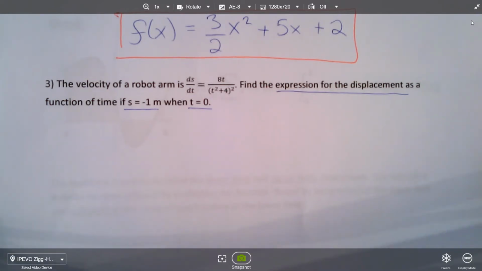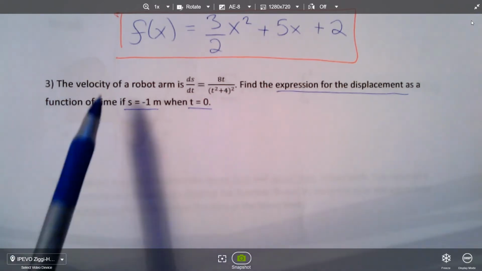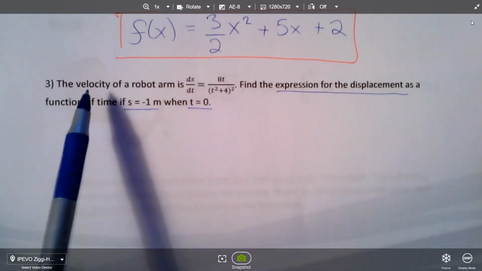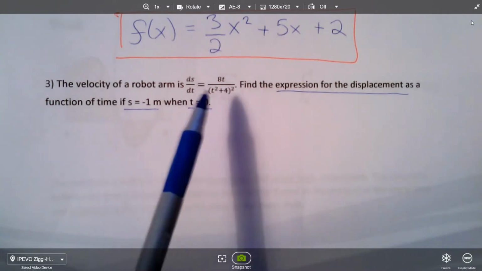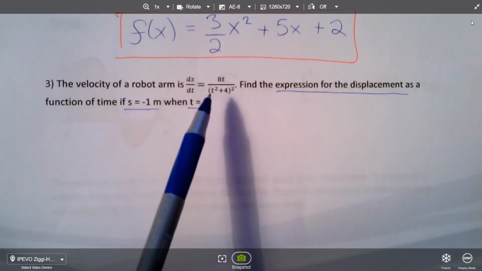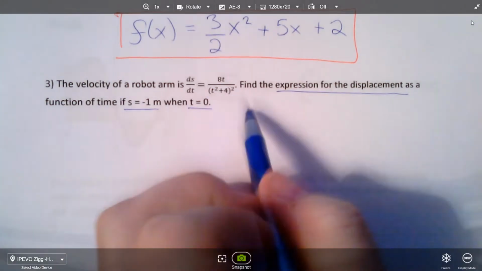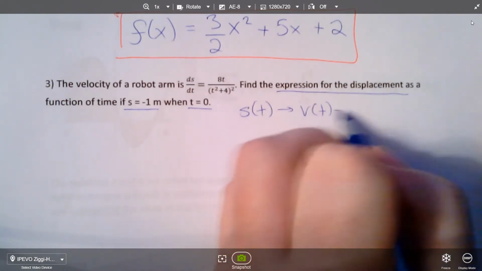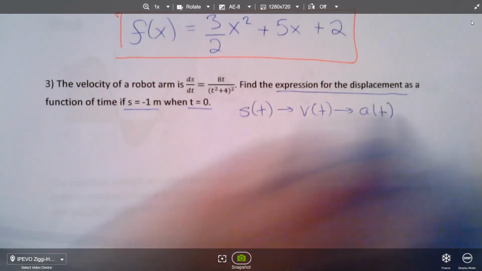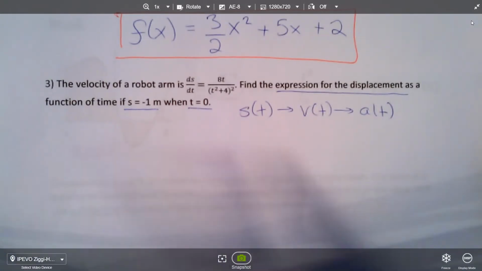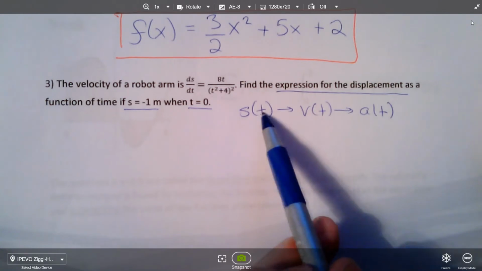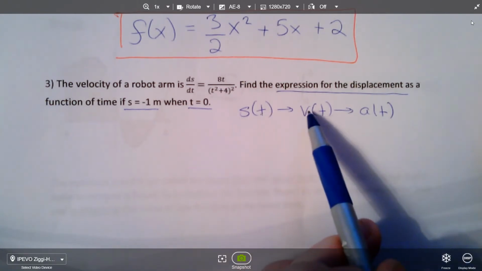And from our videos on derivatives, we know that taking the derivative of displacement gives velocity. Well, if we have velocity, we know that this also works backwards. Okay, so that's something we want to keep in mind. If you remember from your videos before, velocity, acceleration, and displacement all worked as derivatives. So if you differentiate displacement, you get velocity.